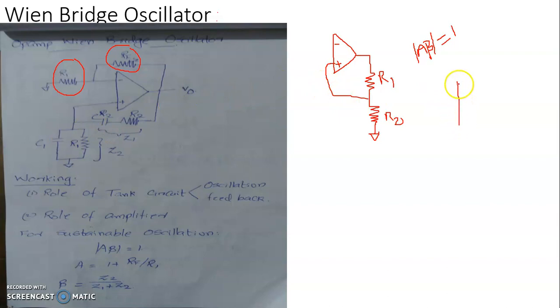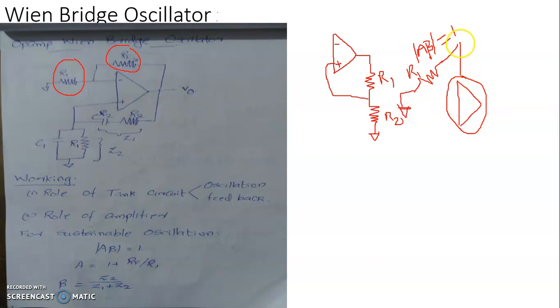So the bridge can be shown like this. You have this Opamp here that will be functioning as a current carrier, and you have a resistance, one branch here, that is this resistance, say R1, and this is connected to ground. So this is your ground terminal.